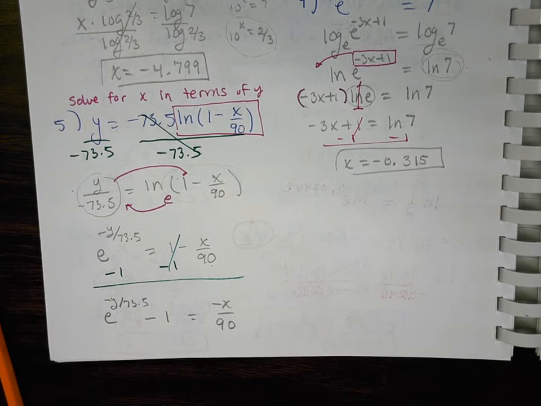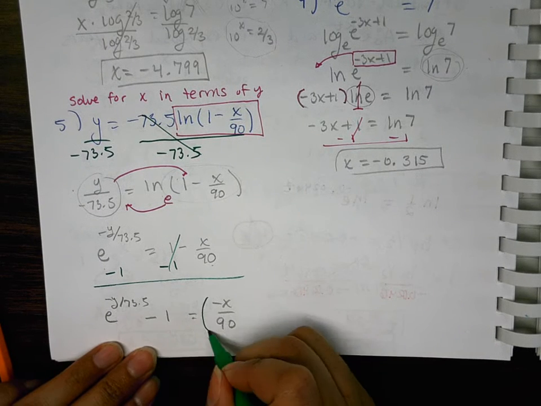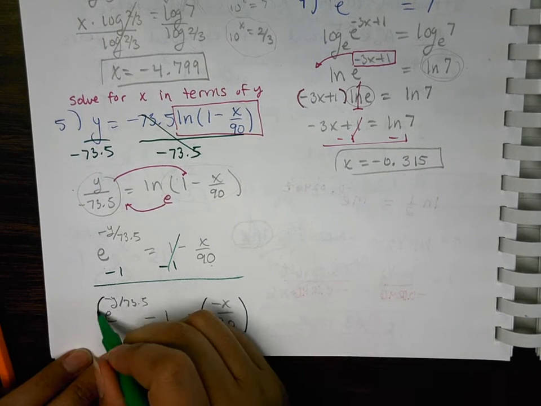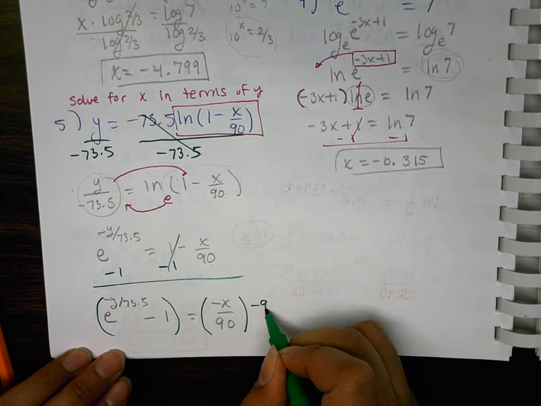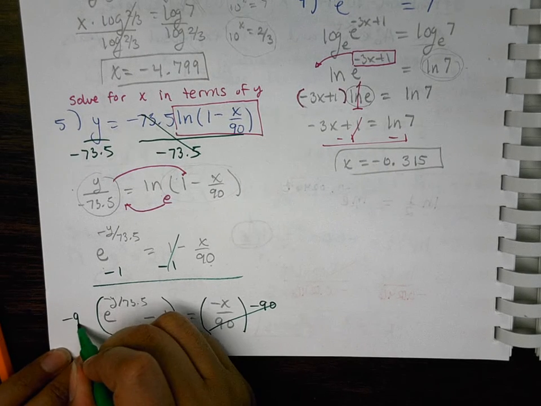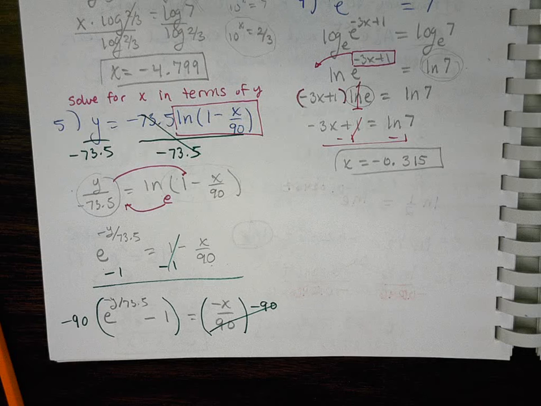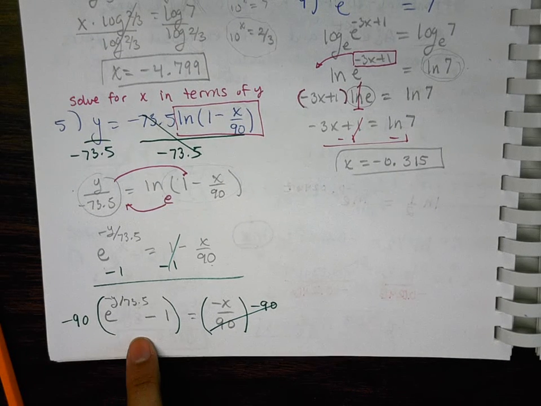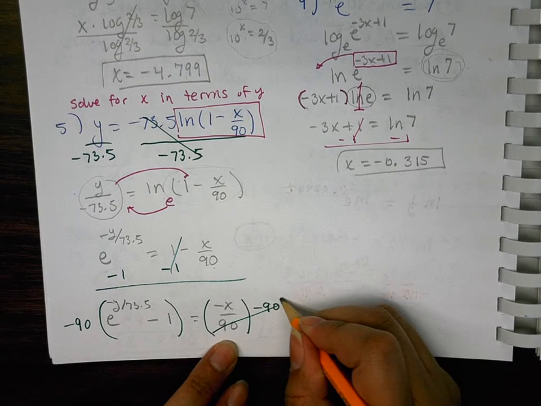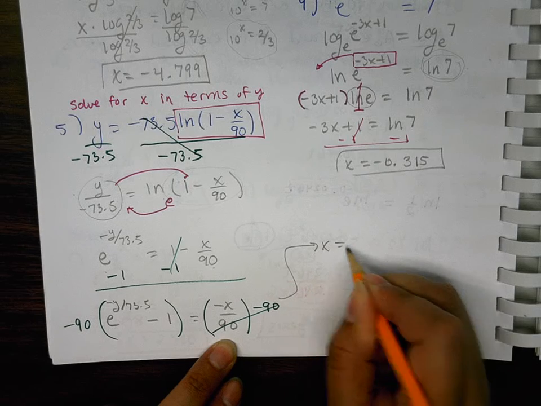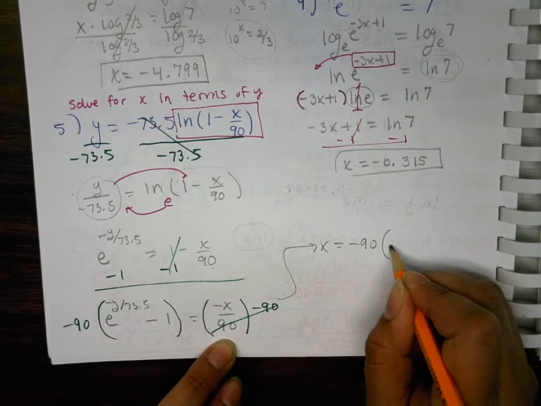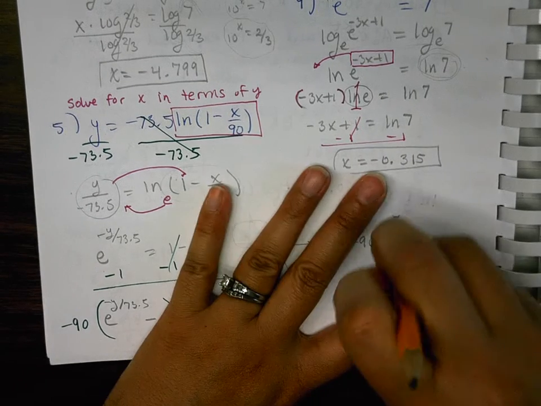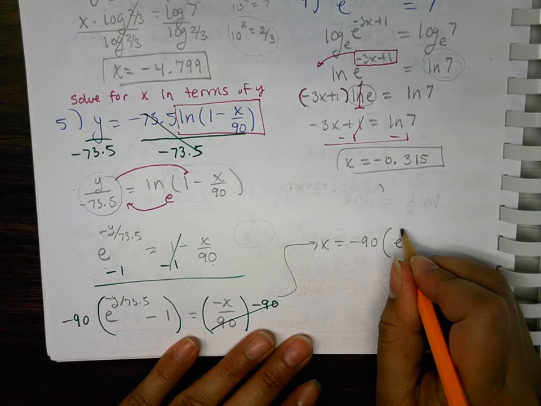And we're almost done. I want to get x by itself, so what can I multiply both sides by? Good job. Negative 90. And after you do that, you don't have to distribute. I can't plug it in my calculator, so if you leave it just like this as your answer, that's beautiful, that's fine, and I'm happy. Negative 90, parentheses, e raised to the negative y over 73.5, minus 1.